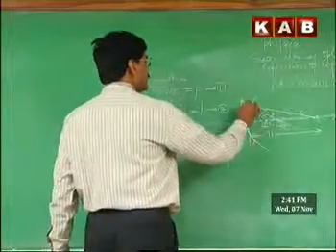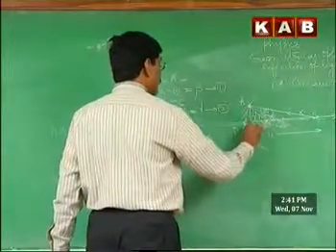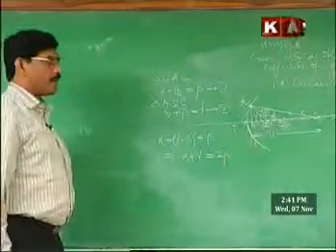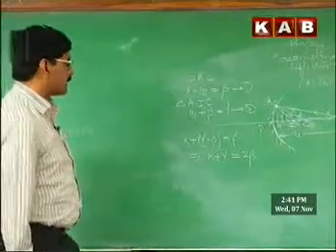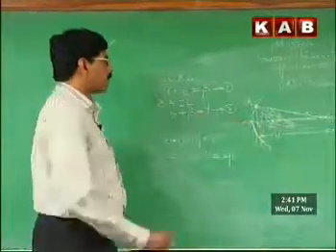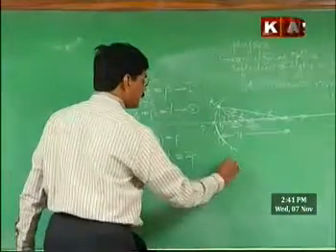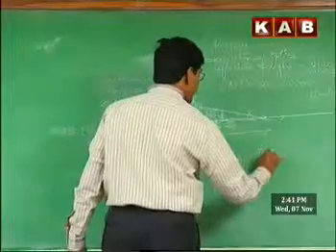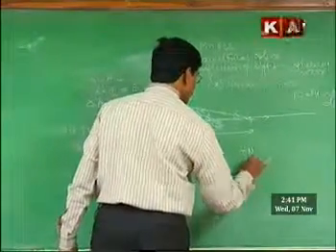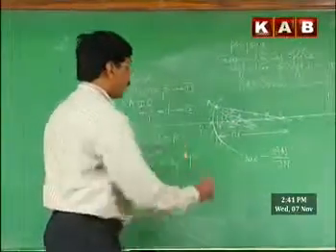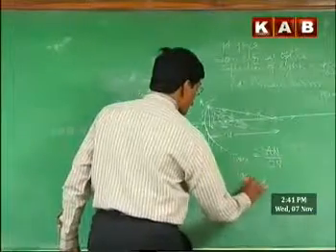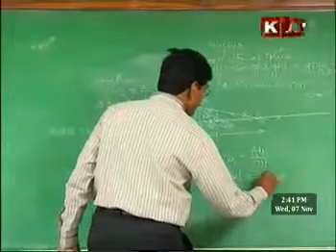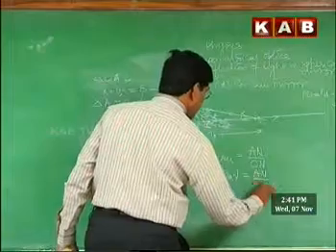Now we drop a normal from A onto the principal axis. AN is the normal. From this we can write tan alpha is AN by ON, and tan gamma is AN by NI.